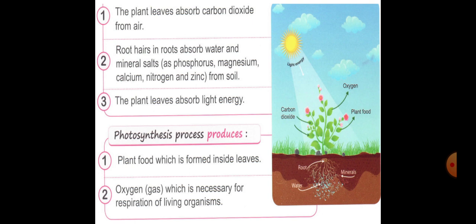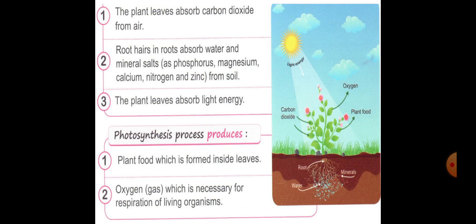In the photosynthesis process, the plant leaves absorb the carbon dioxide from the air, and the roots and root hairs absorb the water and the mineral salts such as phosphorus, magnesium, calcium, nitrogen, and zinc from the soil.